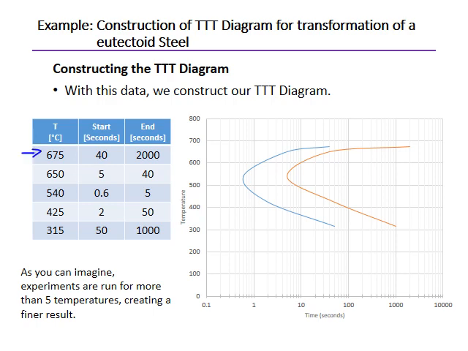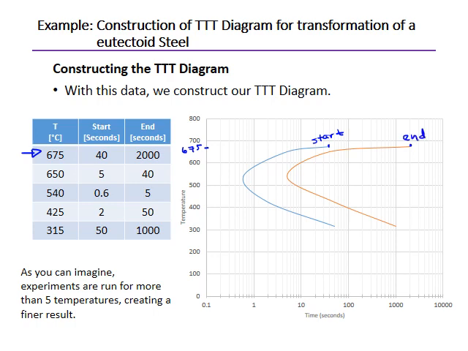So 675, so this is about 675. The start is 40 seconds, which is about this value. And the end is here.